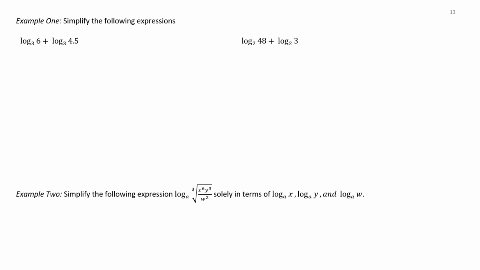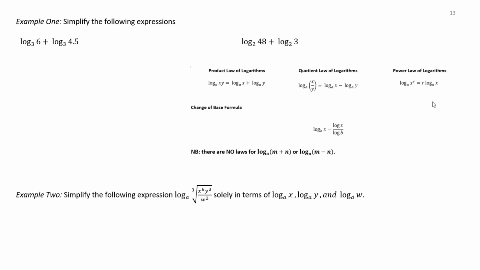The first example asks to simplify the following expressions: log 6 base 3 plus log 4.5 base 3. So we have to simplify that logarithmic expression, and we need to use our logarithm laws to do so. I'll paste the logarithm laws on the screen right now, and we can see which of them we are likely to use.